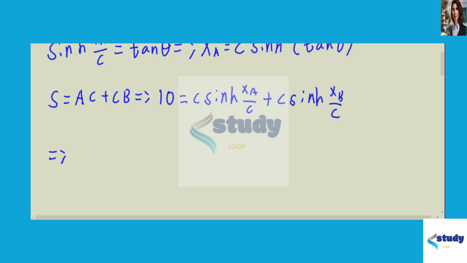So we solve for x of b, and that's going to be c times the inverse hyperbolic sine of 10 divided by c minus the hyperbolic sine of x of a divided by c.